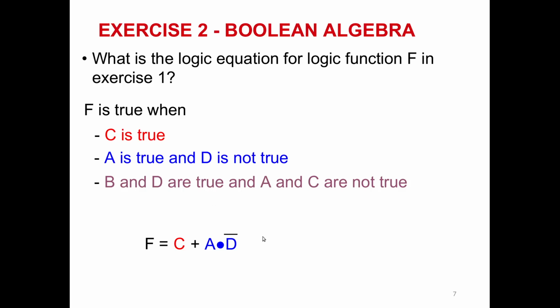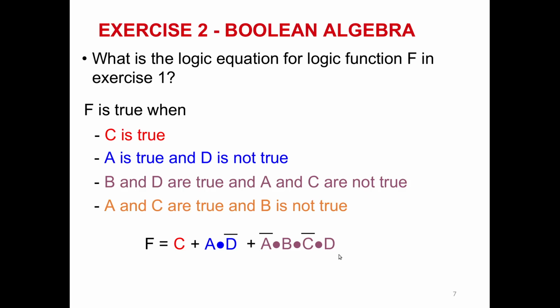And so the third condition adds one more part into our logic equation, that is not a and b and not c and d. So our f logic equation changes into f equals c, or a and not d, or not a and b and not c and d.